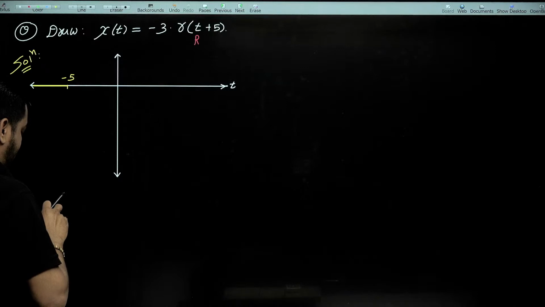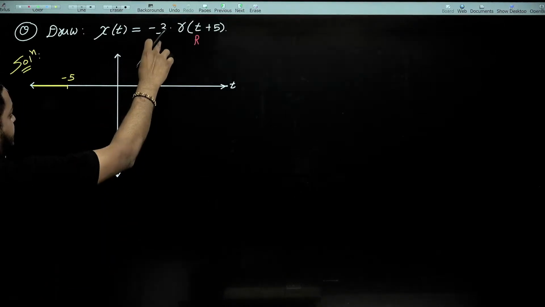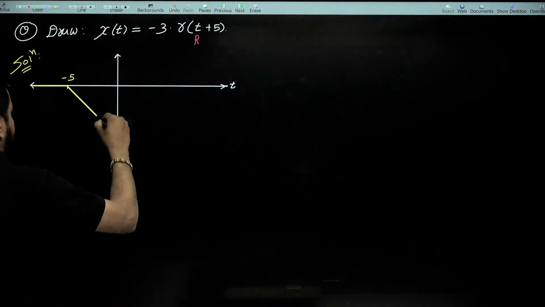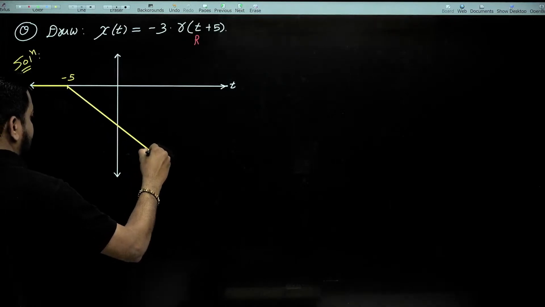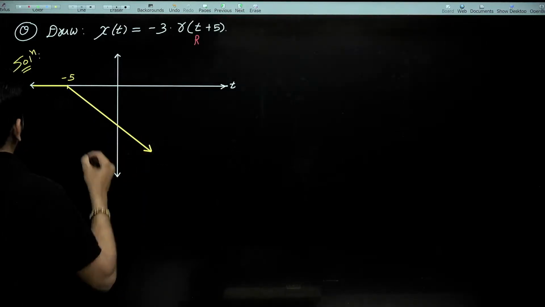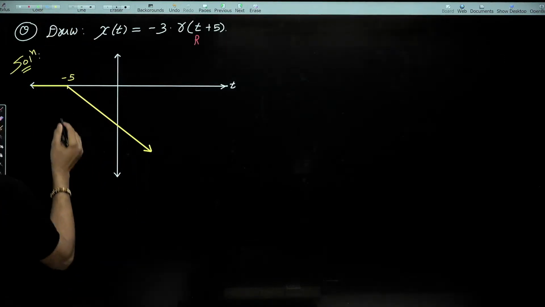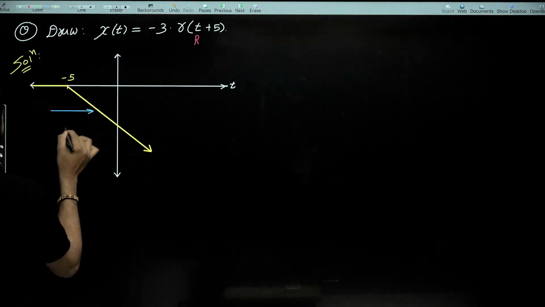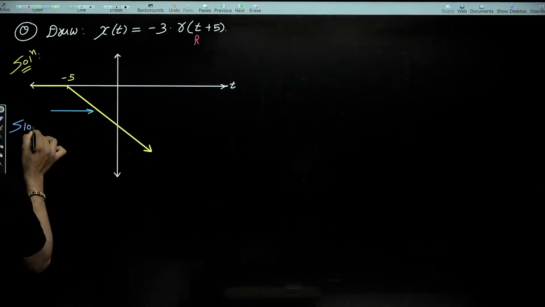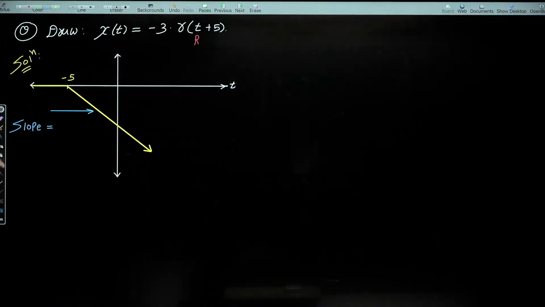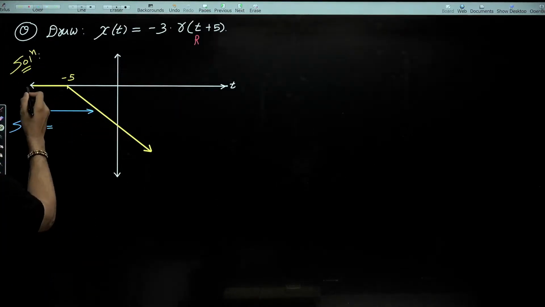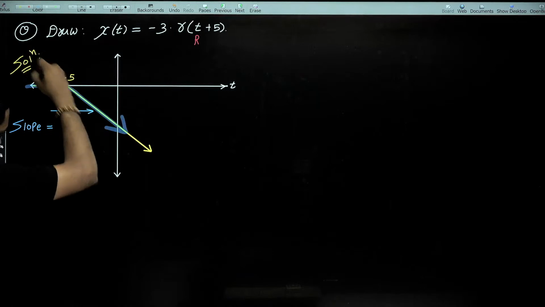So you can see here, guys, minus 3 is present, so that's why for greater than minus 5, it is decreasing like this, okay. What is the slope, guys? Now for slope you have to observe from left to right, guys. So slope is what? Negative or positive? So you can see, guys, the slope is decreasing from left to right. This function, left to right, is decreasing.